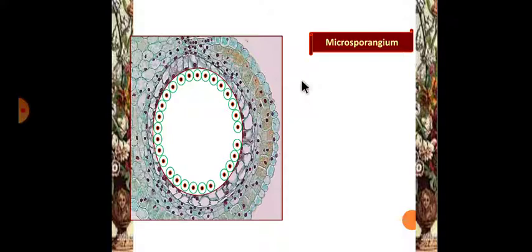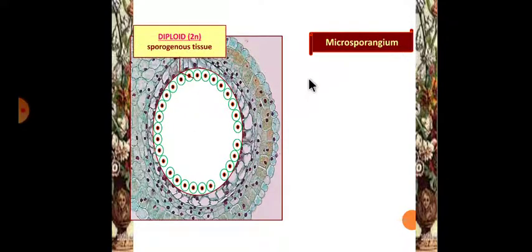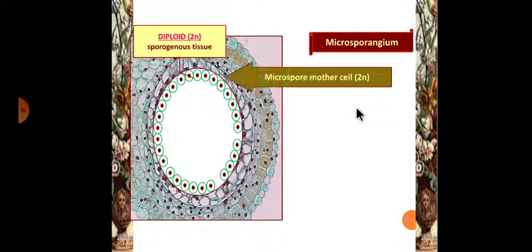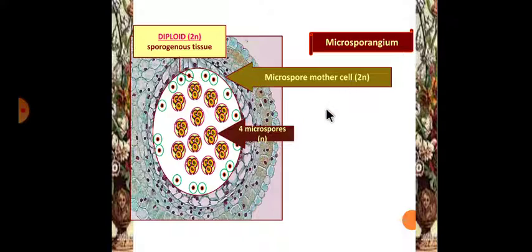Now the microsporangium diagram is there with a sporogenous cell. One of them, a sporogenous cell which was diploid, entered into meiosis and has resulted in the formation of a microspore mother cell. Now this microspore mother cell has undergone meiotic division and resulted in the formation of 4 microspores.